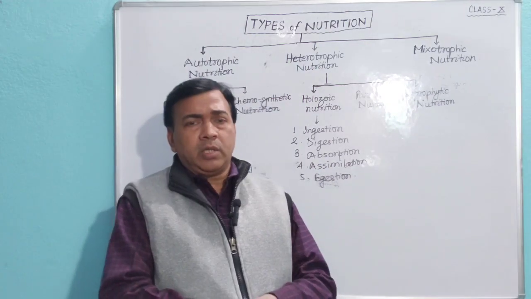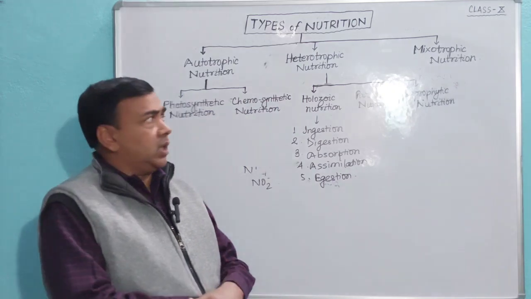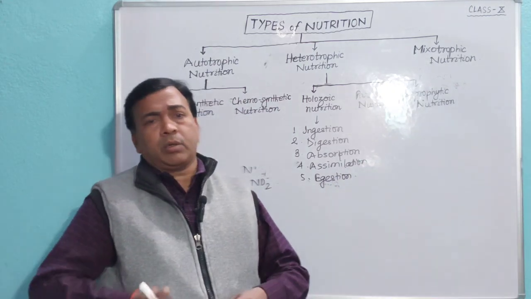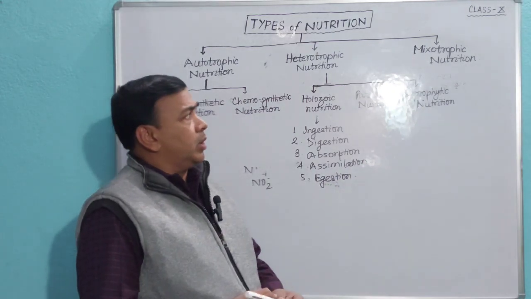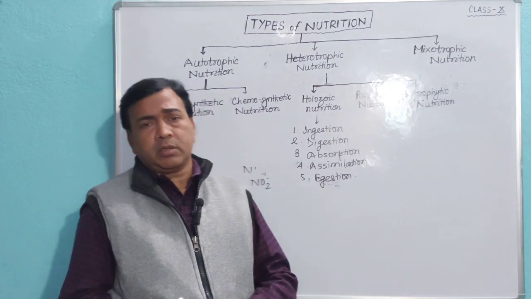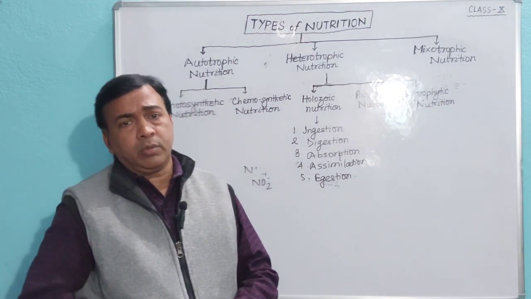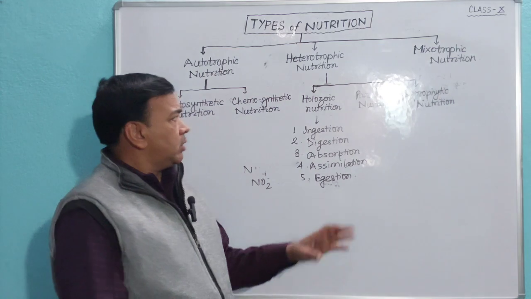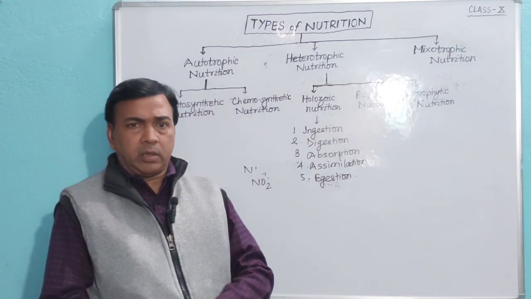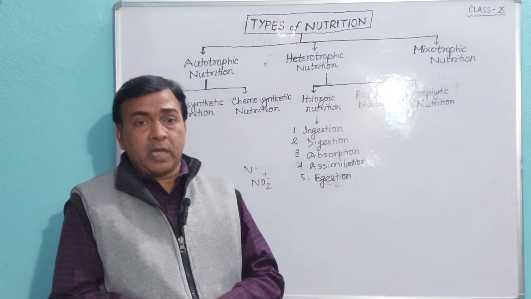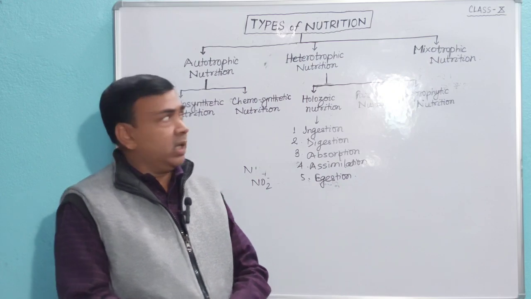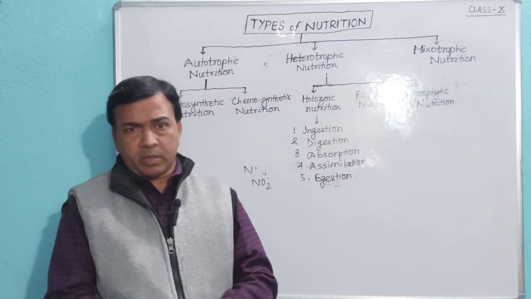Euglena is a unicellular animal, but it also contains chloroplasts. So it can also synthesize its own food or get nutrition by holozoic nutrition. As Euglena utilizes 2 modes of nutrition, it is a mixotrophic nutrition.